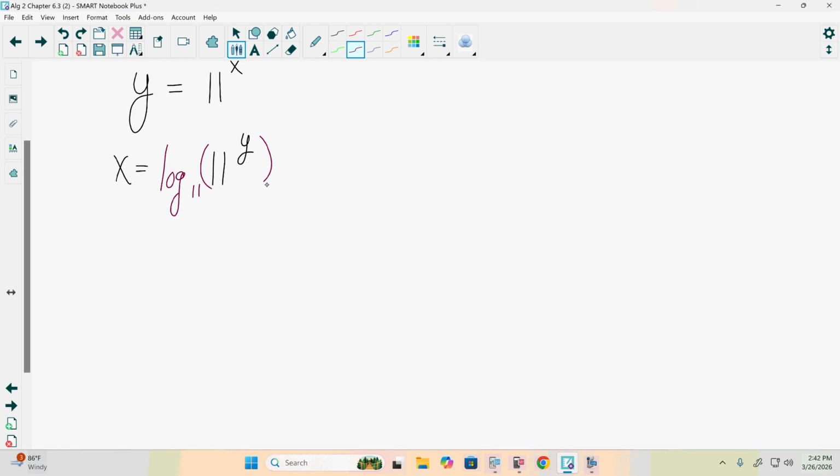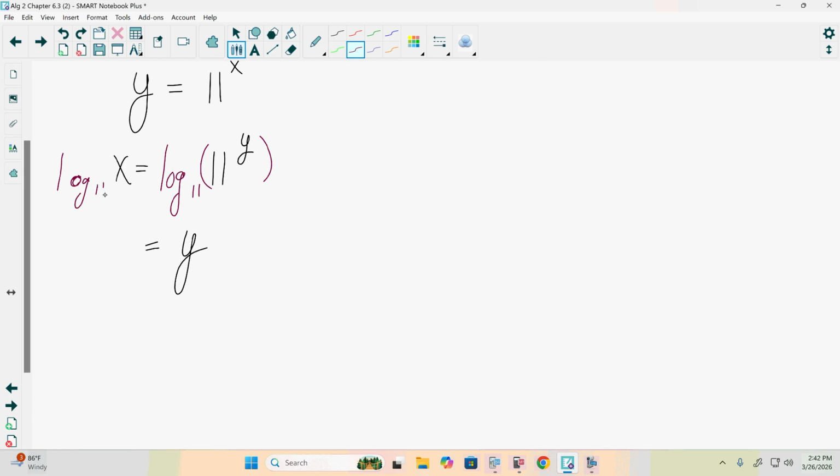If I apply log base 11 to the right-hand side, we get log base 11 of 11 to the y. What would that become? It would become y, because the base and the number inside are the same. So we're just left with y, yes? Yeah, because that's what we just did earlier. But what I do to one side, I have to do to the other.